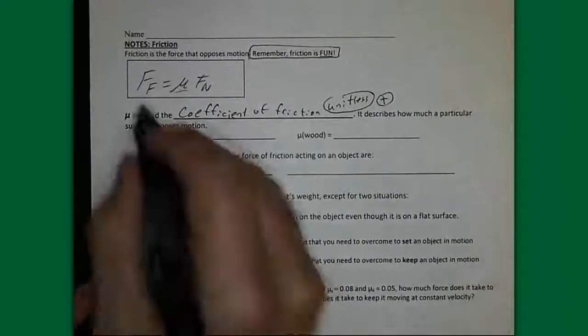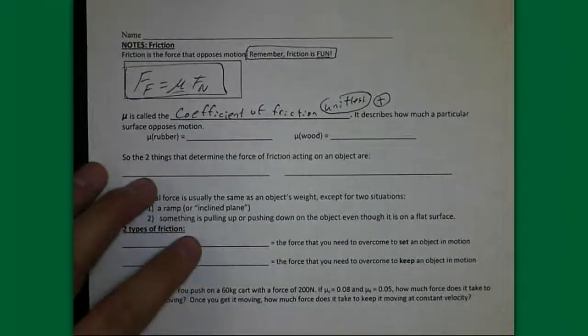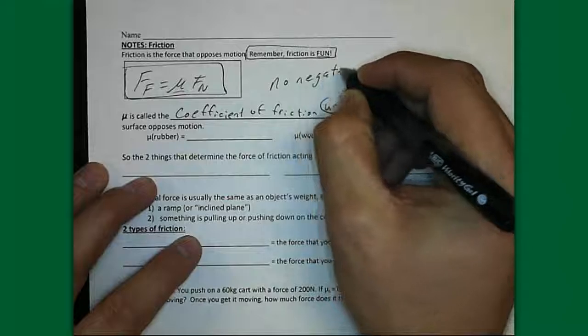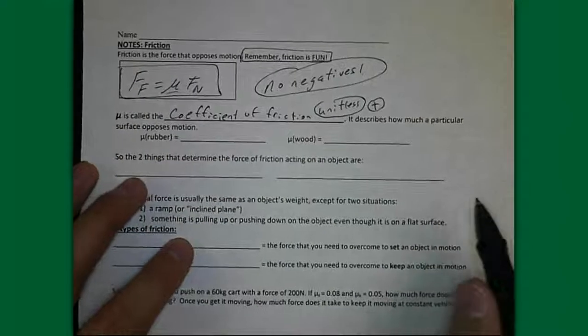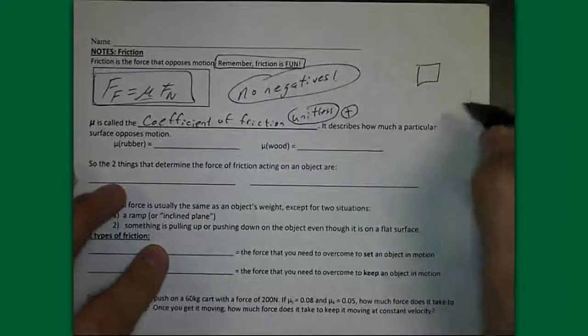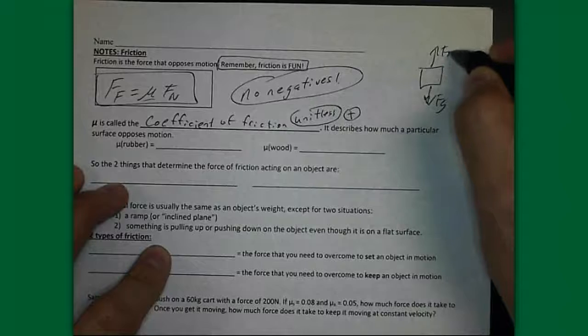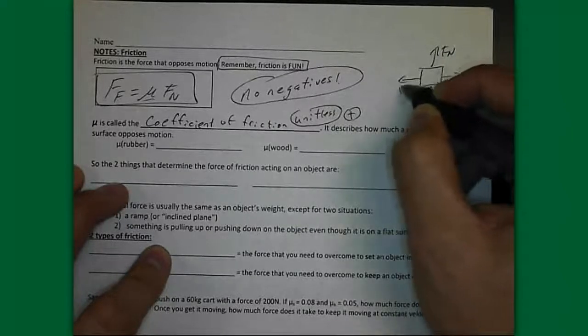Okay, and for that reason, with this equation, and I'll frequently call this the fun equation, we will not ever enter any negatives into this equation, which is important to remember because many times on the free body diagrams that we draw for friction, you have gravity, you have normal force, and you have something over here, probably applied force, and then it's fighting against the force of friction.